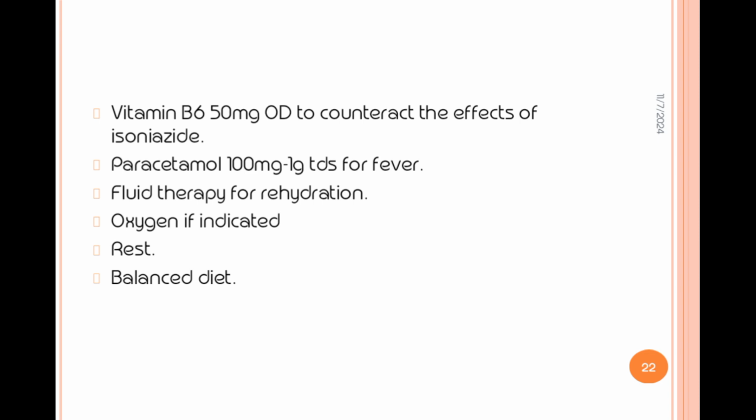Fluid therapy for rehydration, because of the diaphoresis, which is excessive sweating. There is also oxygen if indicated, if there is increased tissue hypoxia, and rest and diet most importantly.